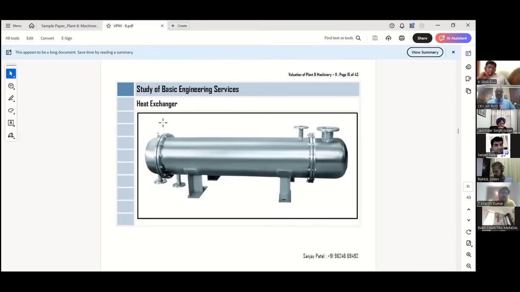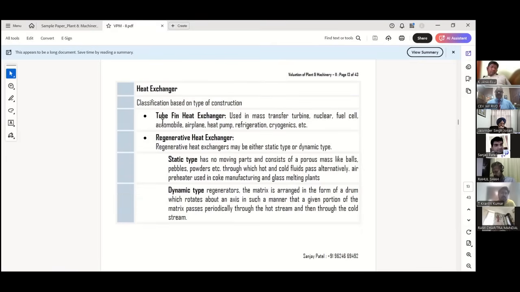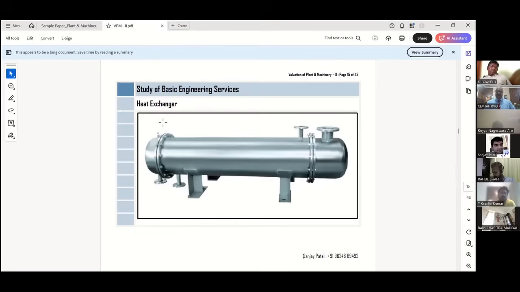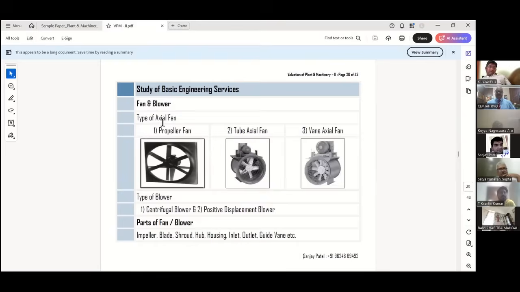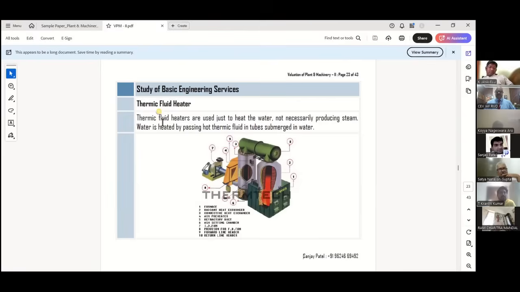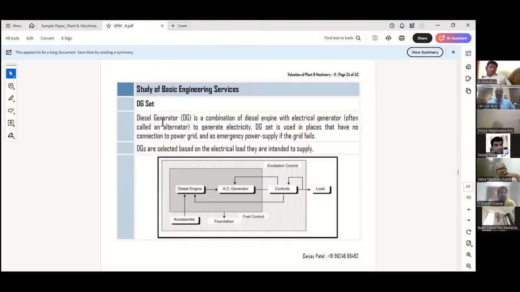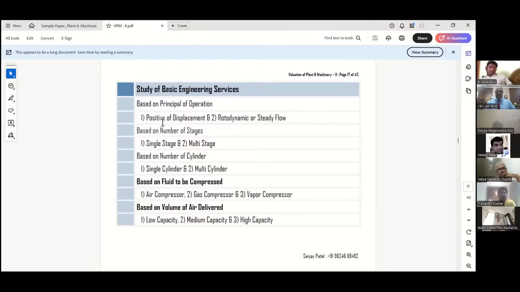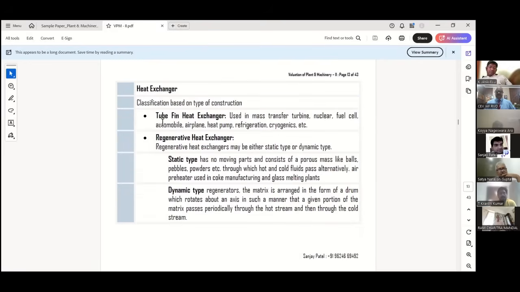Normally, what is the unit of an air compressor? CFM, bar, kg per meter square, Pascal. Then what will be the unit of a heat exchanger?